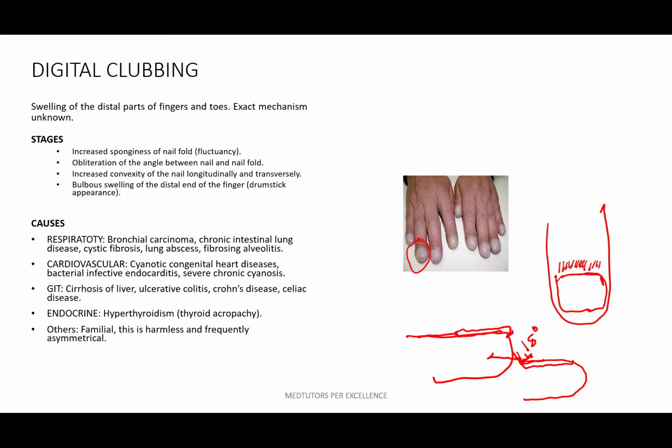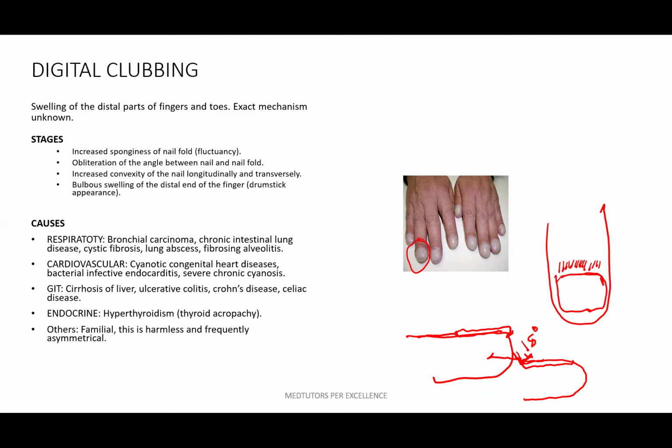Finger clubbing is not a disease per se, it's a clinical sign that is picked commonly in chronic diseases. Various systems might be involved. Respiratory: bronchial carcinoma, chronic interstitial lung disease, cystic fibrosis, lung abscess, fibrosing alveolitis.